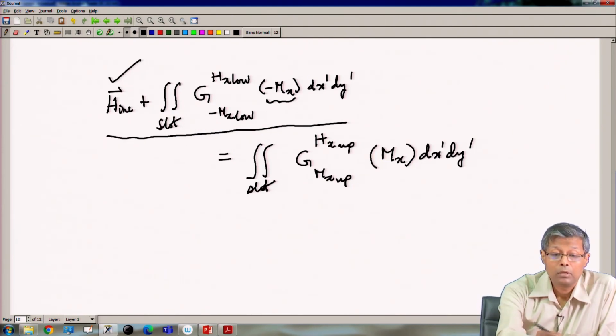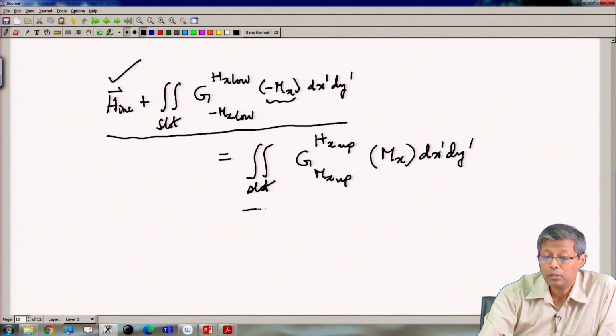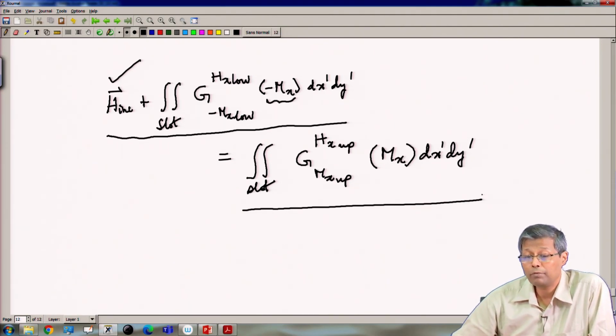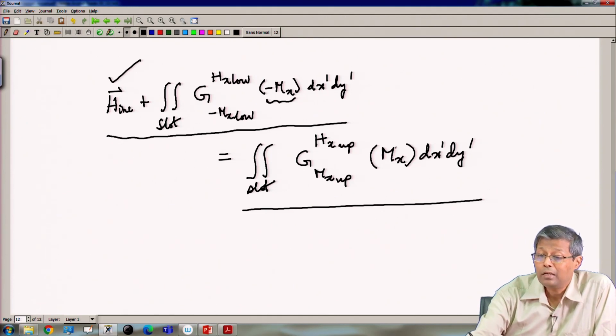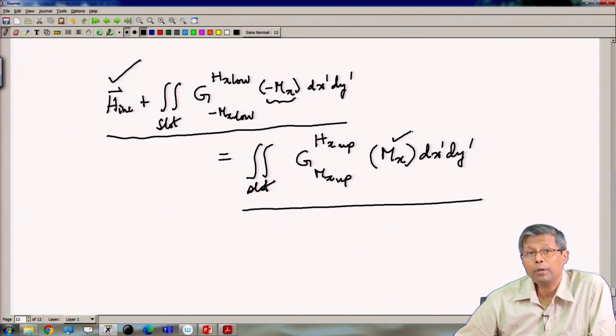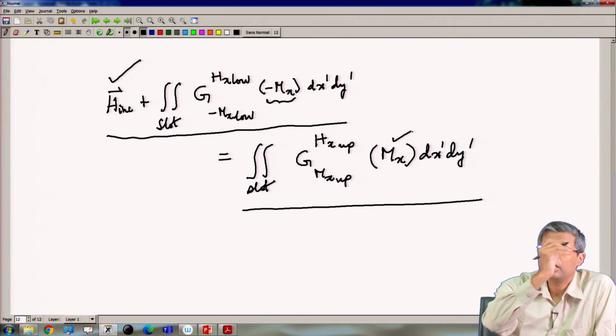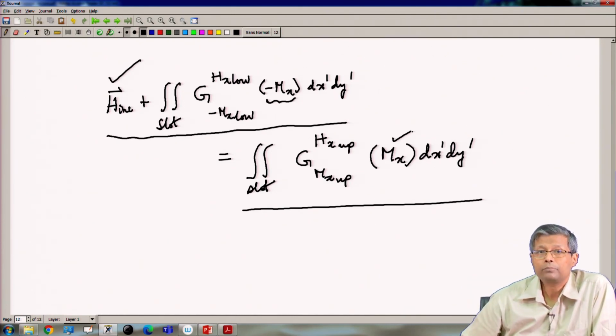So, this is the x component of the tangential magnetic field radiated due to the magnetic current Mx resident on the upper surface of the conducting plate that is shutting up the slot.